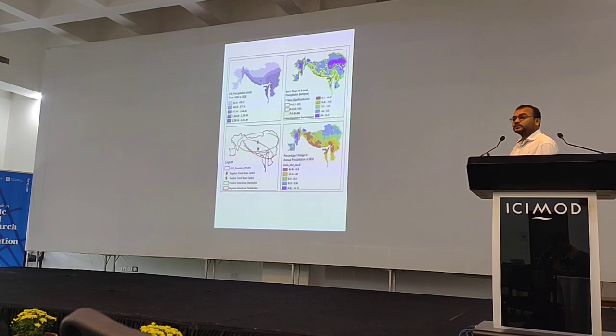That toxicity is caused by geogenic processes and over-exploitation of the groundwater, which directly or indirectly affects the agricultural productivity of that region. So food security is also a great concern for that region.